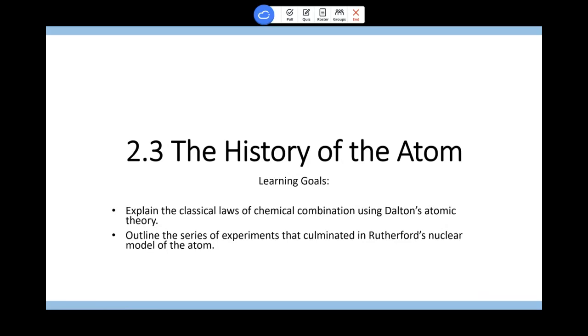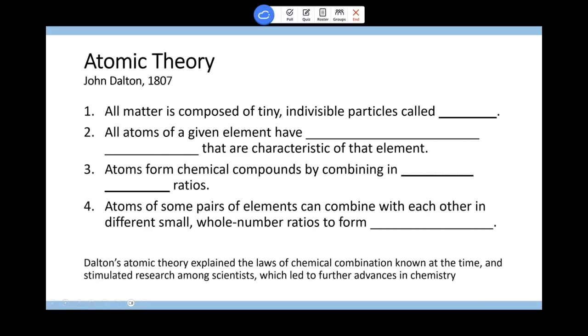And each of these helped science and helped chemistry progress to understand what an atom is. At this point, researchers didn't know what made up an atom. So we'll first talk about Dalton's atomic theory, background about atoms, and then we'll talk about those experiments.